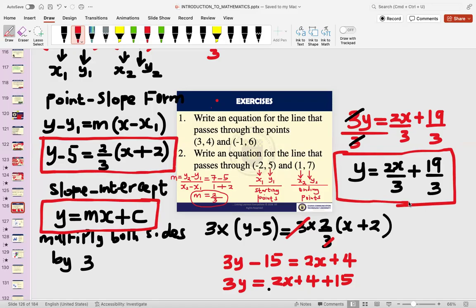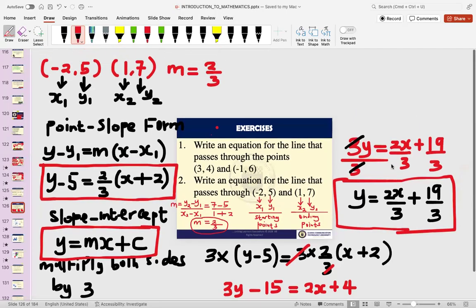So we can say that this is the slope intercept form. The same equation in which for the point slope is y minus 5 equals 2 over 3 into x plus 2. We can still rewrite it as y equals 2x over 3 plus 19 over 3.